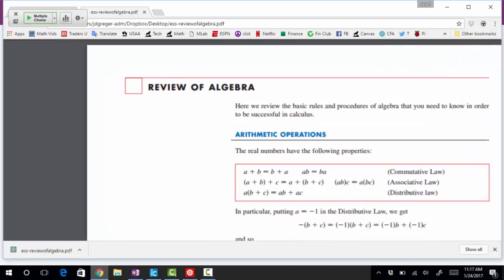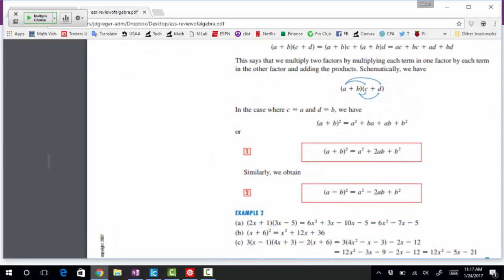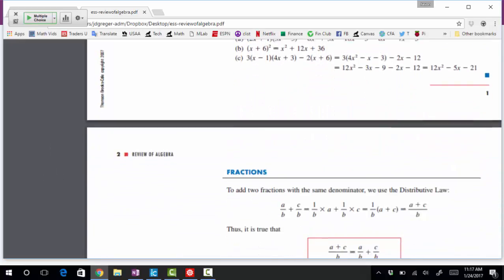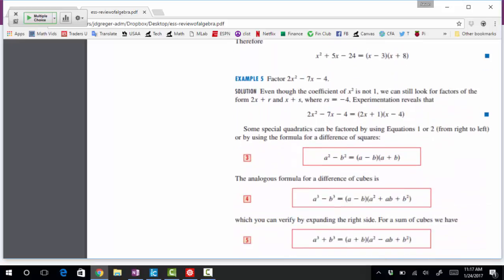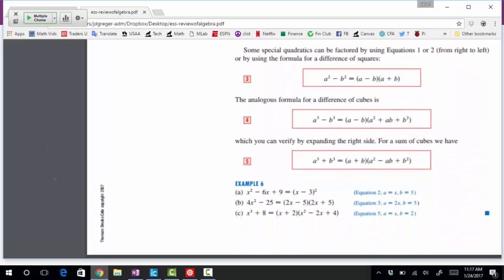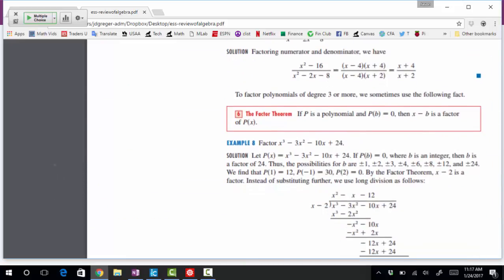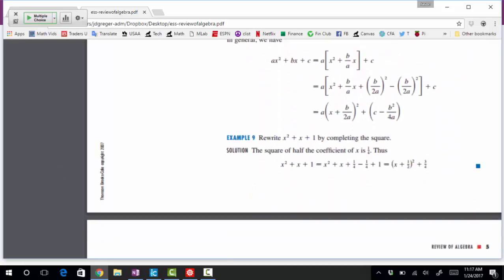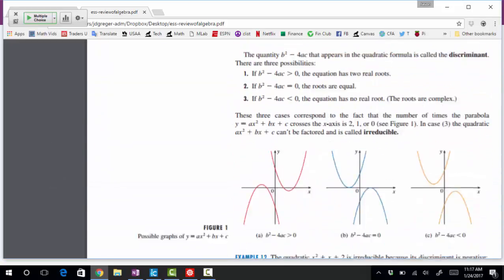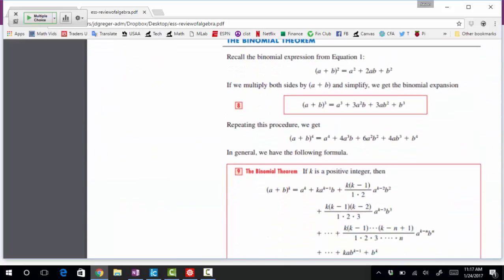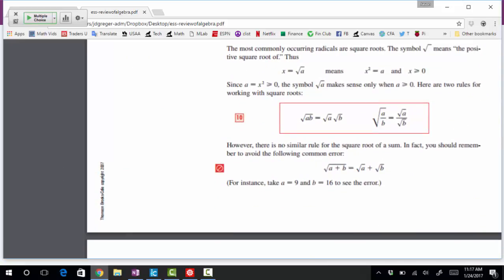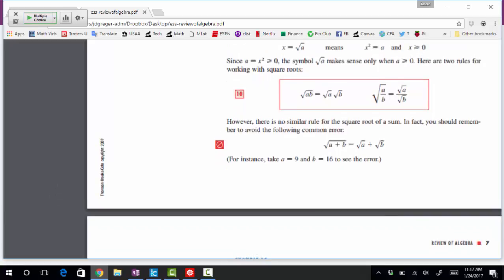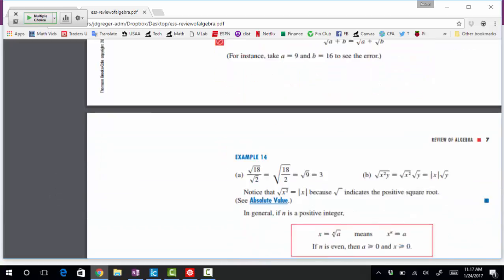It will go through basic arithmetic stuff, with a bunch of practice problems, working with fractions. It will go into more complicated things, common mistakes we make, polynomial long division, completing the square, the quadratic formula. It will get into all the log properties at some point, working with radicals. These are common mistakes that people made, some of these simplifications, okay?